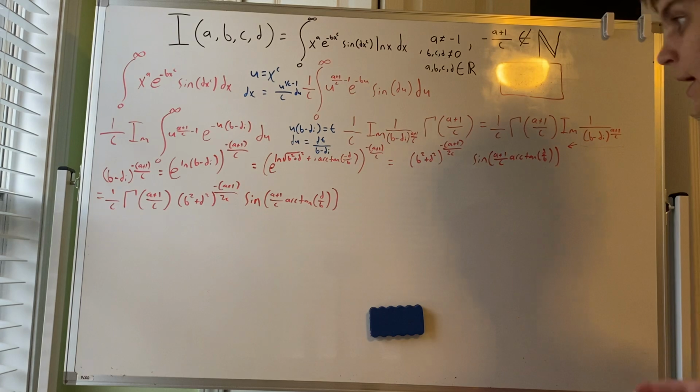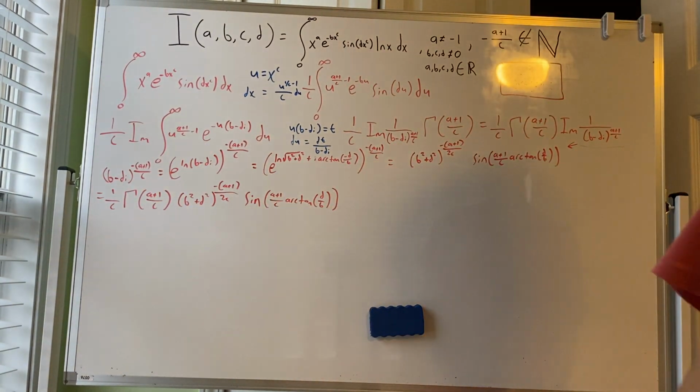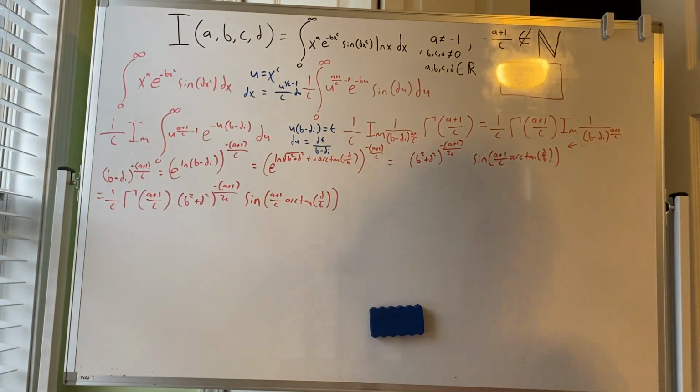Okay, so this is the expression that we have after all that. We've settled the imaginary part. This should just give us a real number if we plugged in values. So that means we're done, right?